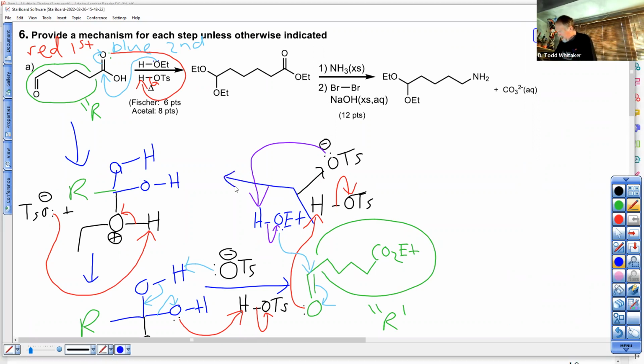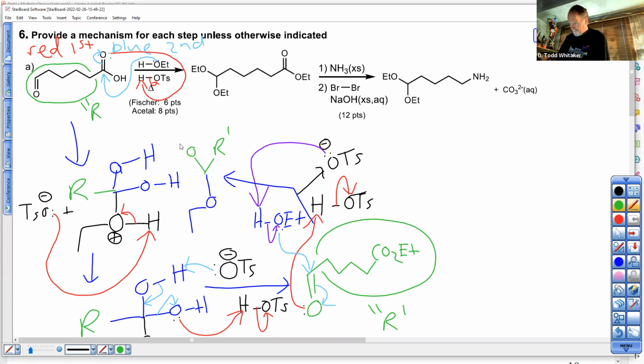And we have our R attached to a carbon that now has an OEt on it. What else is on that carbon is our R prime. That was our R prime to start with, sorry. And we have a green OH.